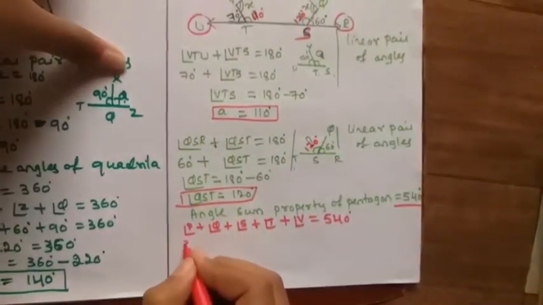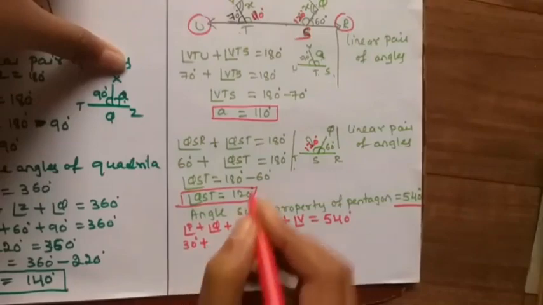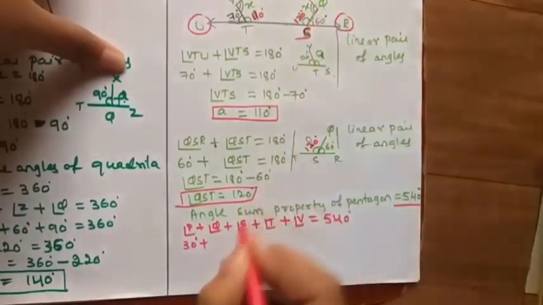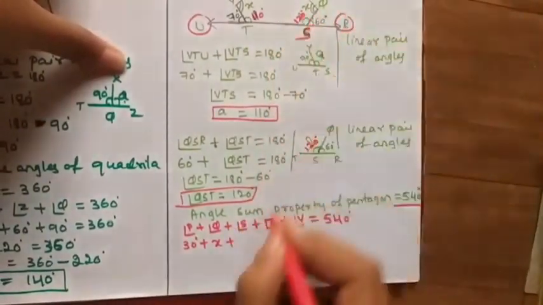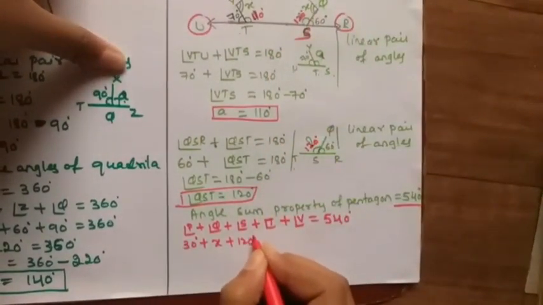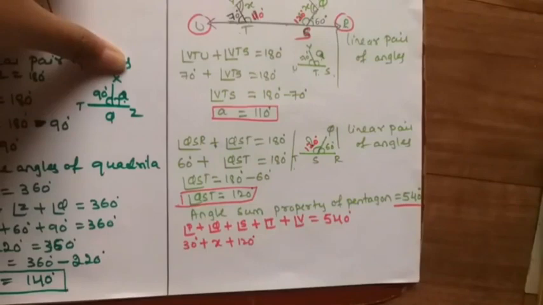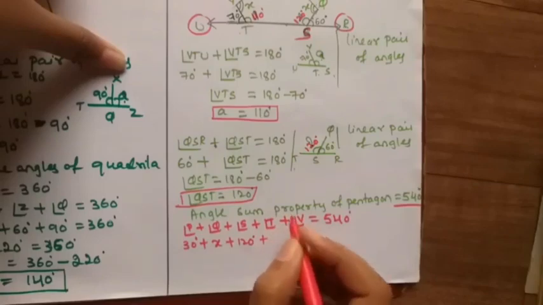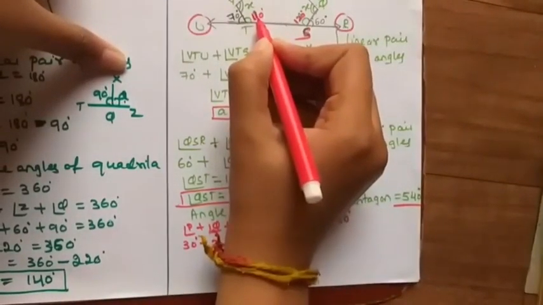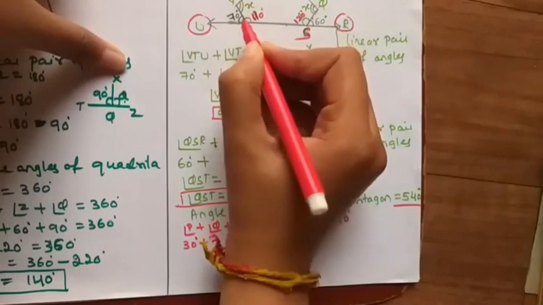30 degrees. So, write here 30 degree. Angle Q is x value. So, keep x as it is. Angle S is 120 degree. And keep plus as it is. Angle T is 110 degree. Here angle T has two values.